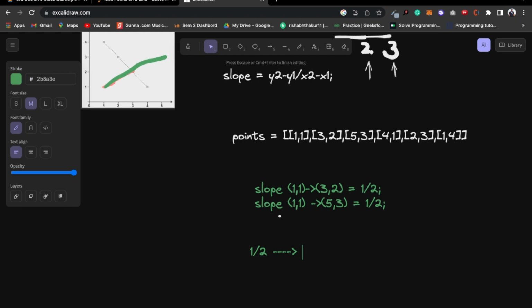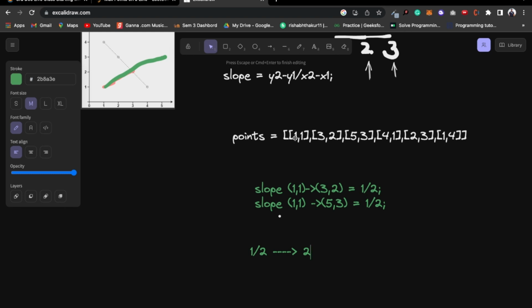The answer will be 2 here because the 2 points have the same slope. So from this point, with the slope of 1 by 2, we are getting 2 points.